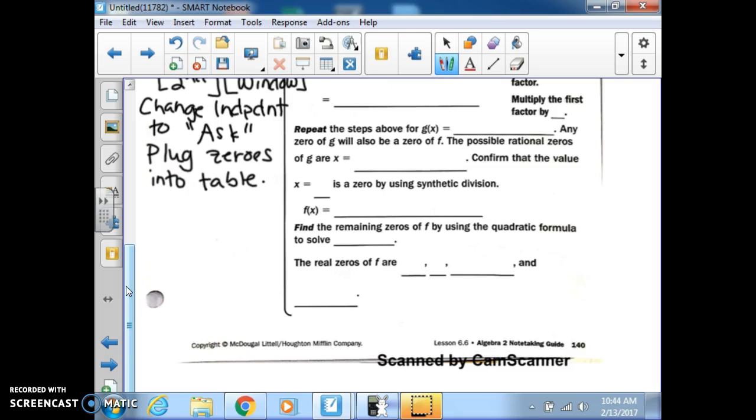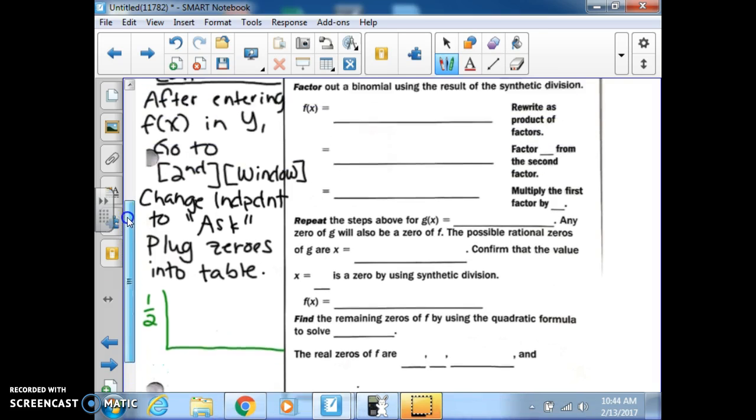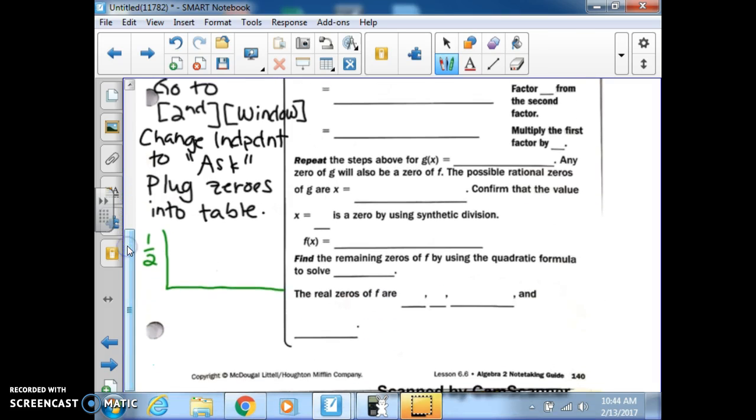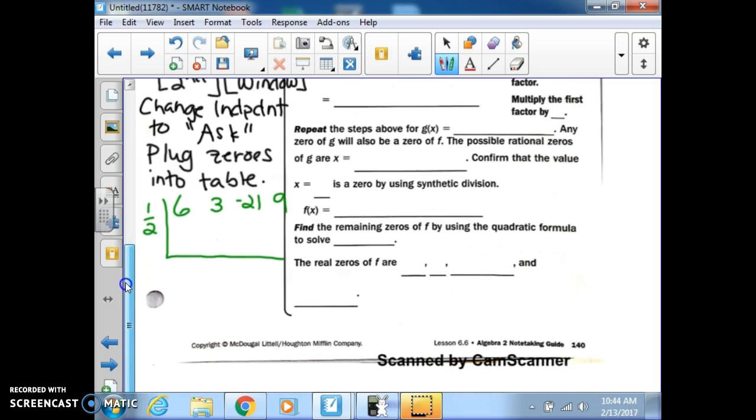So I'm going to do it over here on the side, and our resulting polynomial will be 6x cubed plus 3x squared minus 21x plus 9. We're going to use the coefficients 6, 3, negative 21, and 9. And we're going to do synthetic division again.